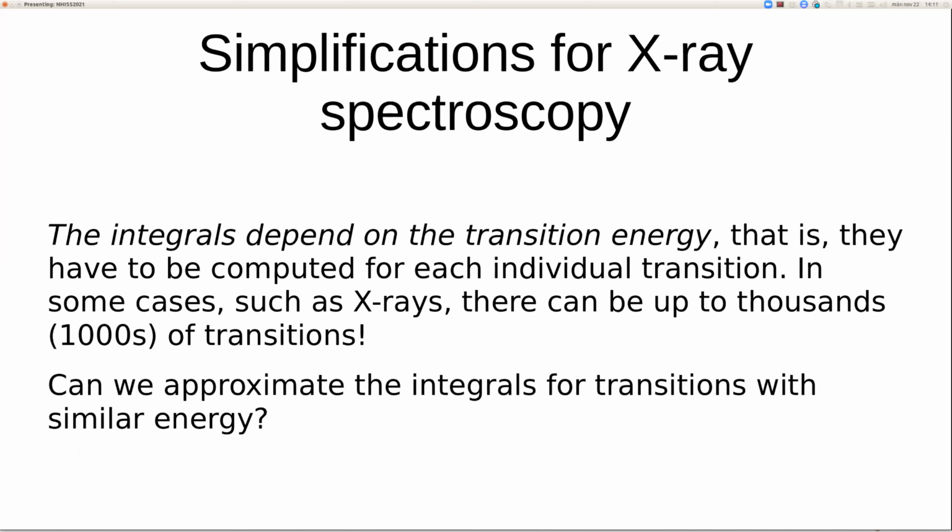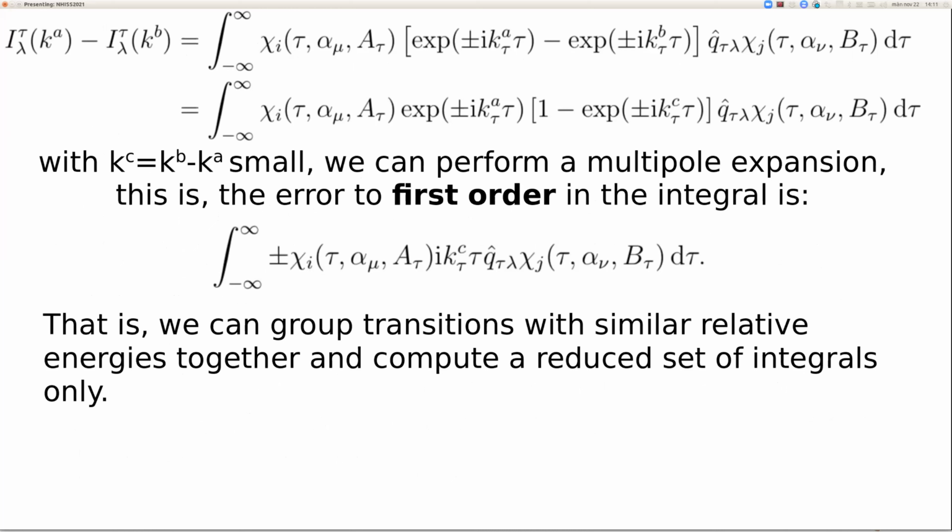As for instance, when you're doing X-ray spectroscopy, here we have thousands and thousands of transitions, and this might be a problem. But just let me briefly go through that. Here we have huge energy differences, and the difference between various transitions is not that huge.